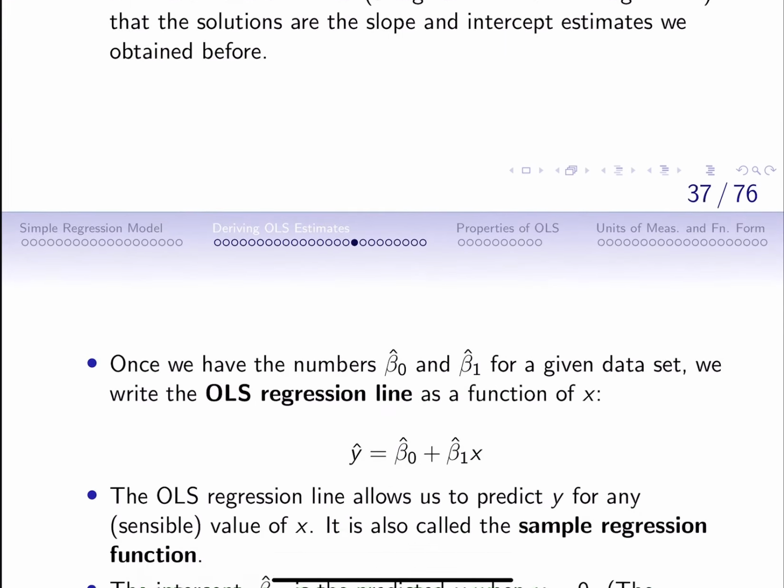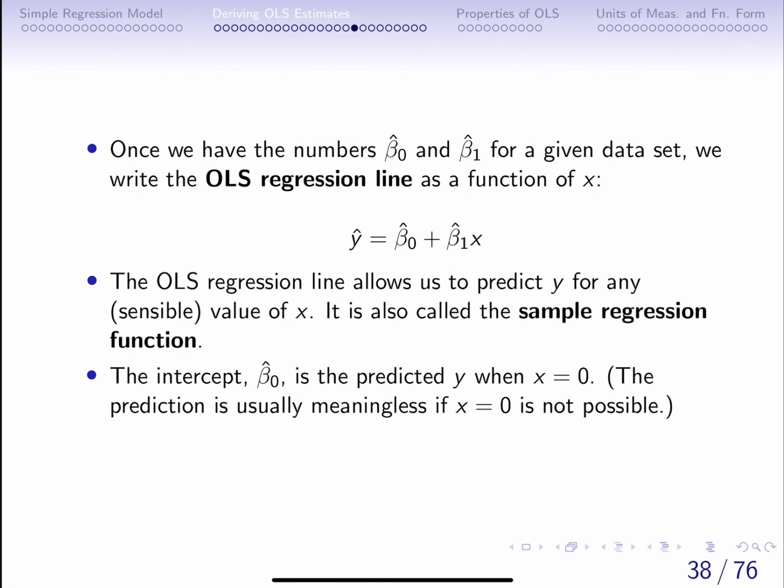Okay, now when we think about the OLS regression line, we're essentially thinking about this predicted value of y given different values of x. So through OLS, we've basically estimated beta naught hat and beta 1 hat. These are our OLS estimates.